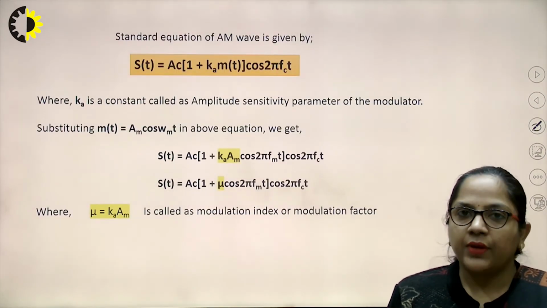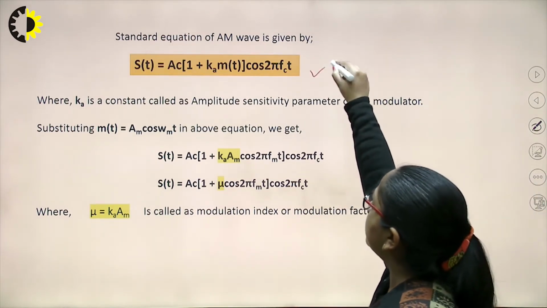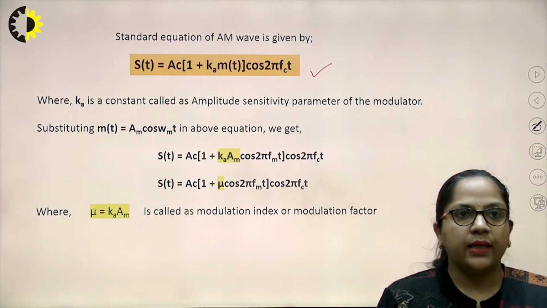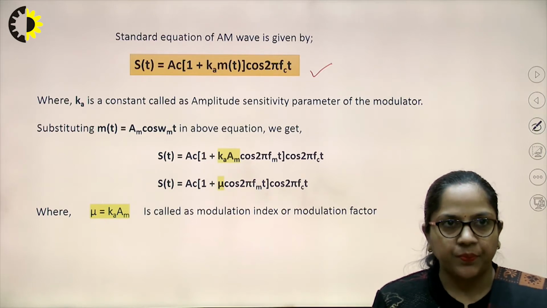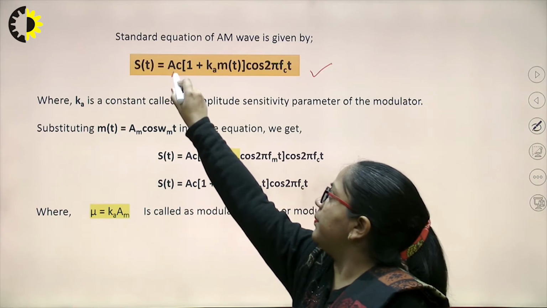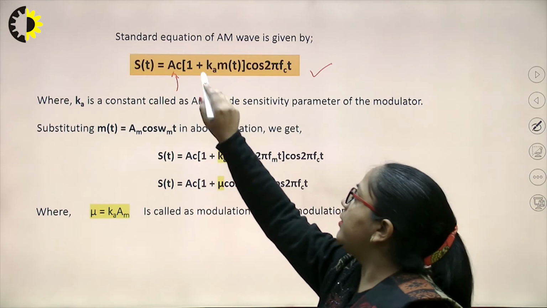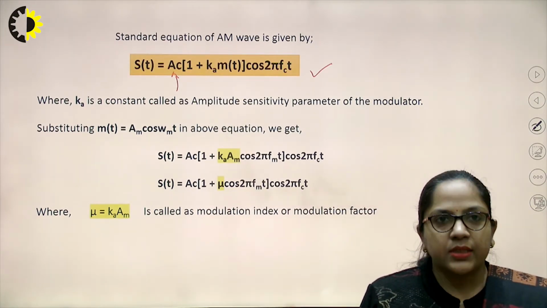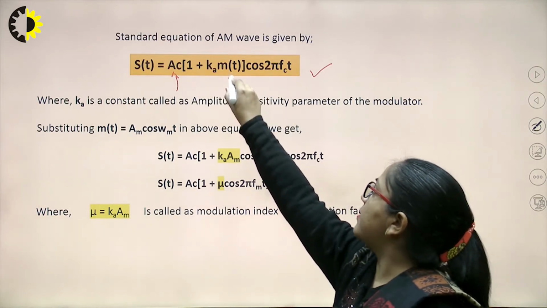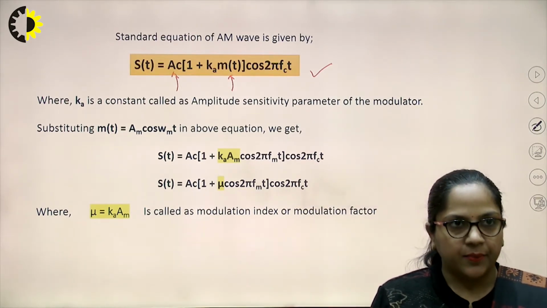The standard equation of amplitude modulation can be expressed as s(t) = Ac [1 + Ka m(t)] cos 2π fc t. In this expression, Ac is the amplitude of the carrier signal, Ka is a constant which is the amplitude sensitivity parameter of the modulator, m(t) is the message signal, and fc is the frequency of the carrier signal.